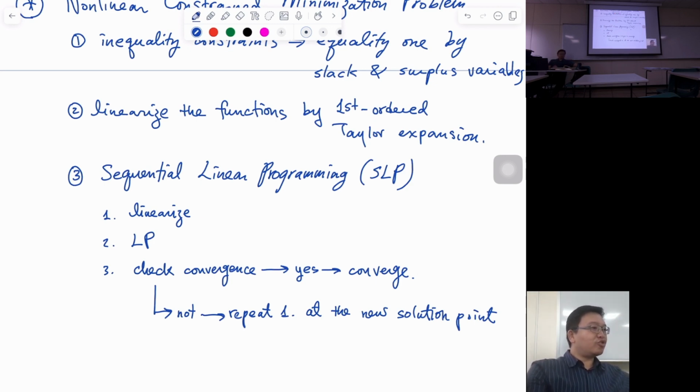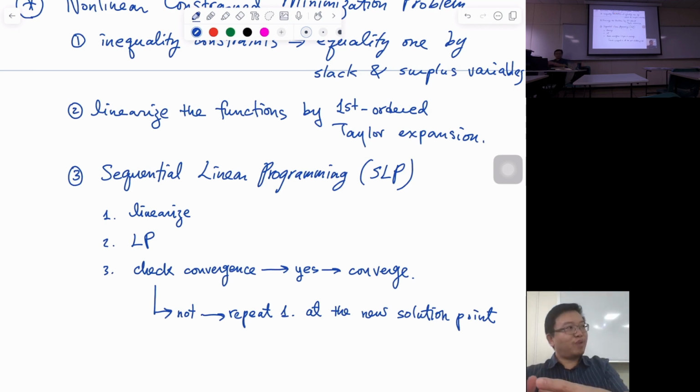But there is an issue. What if when you are sequentially linearizing the problem and at one of the iterations the solution is not a feasible point? Then it's a big issue.